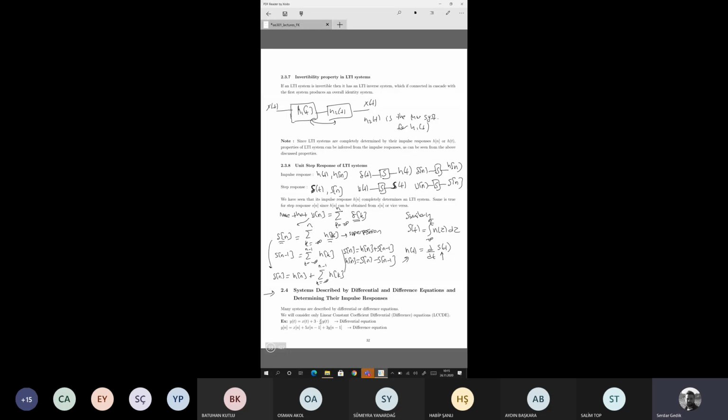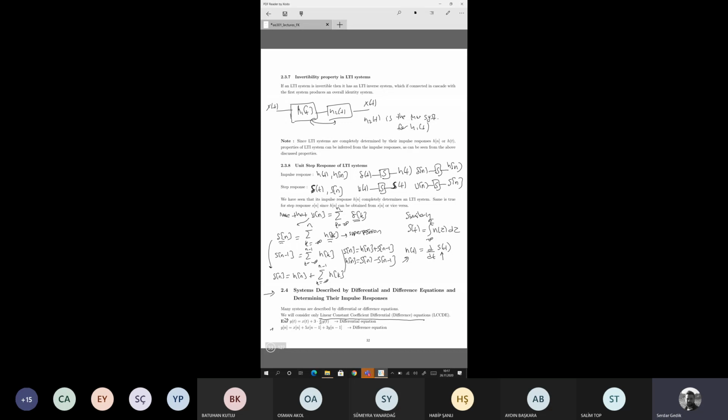Here I have some examples. So this is a linear and constant coefficient differential equation. Again, this is a linear and constant coefficient difference equation. Sorry. Well, linear because I do not have x of t and y of t multiplied with each other, or I do not have y squared, y cubed, y of t squared times x of t.